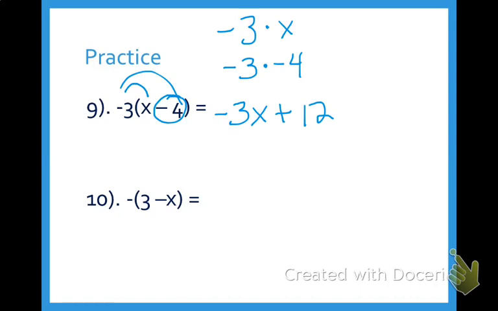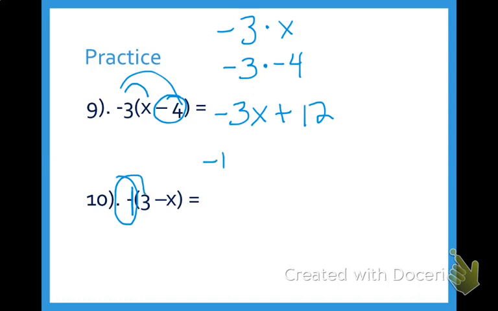So let's take a look at the next one. Negative times 3 minus x. Now this one at first might look confusing, but what I want to remind you is that when there is no number, there is an invisible 1. So in number 10 here, we are distributing a negative 1.